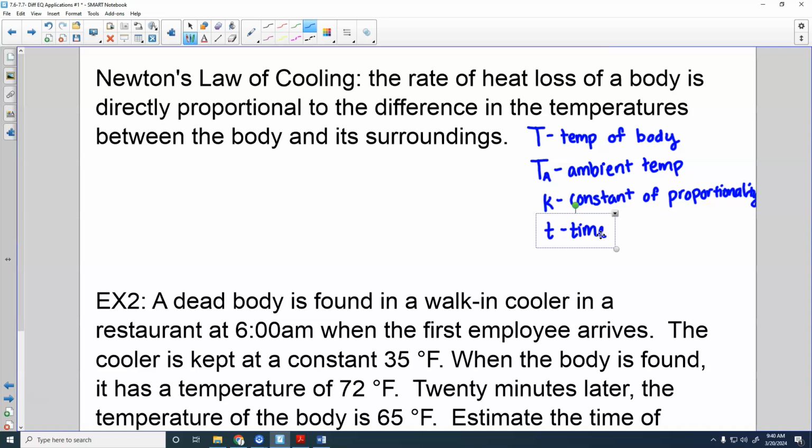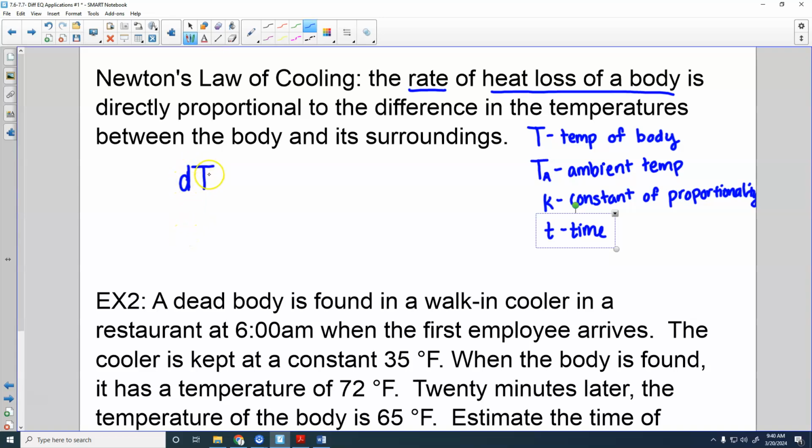So the rate of heat loss of a body. What is that going to be? It's the derivative of which variable? Capital T. It's a little bit weird, sometimes I don't use both variables like this.